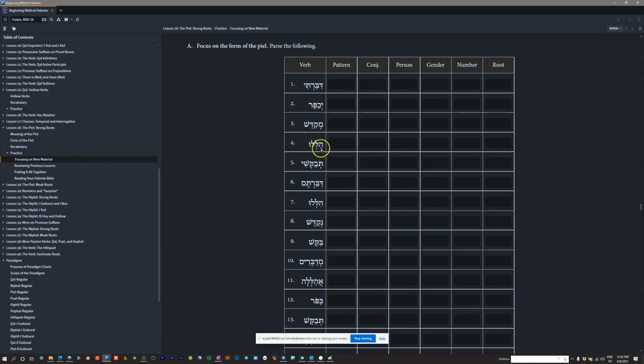If this is the imperfect letters, patach in R1, dagesh in R2, why doesn't it have a prefix? Well, the infinitive construct and the imperative both use the imperfect conjugation. They just remove the prefix letter. So that's what we have here. This is going to be an imperative 2MP form of the PL, hillel.